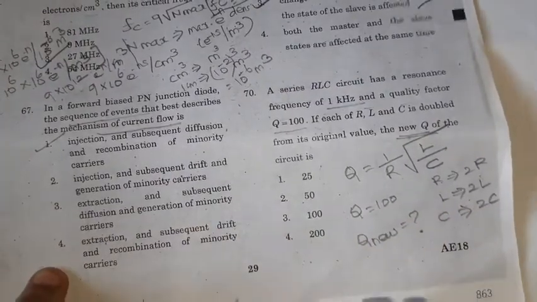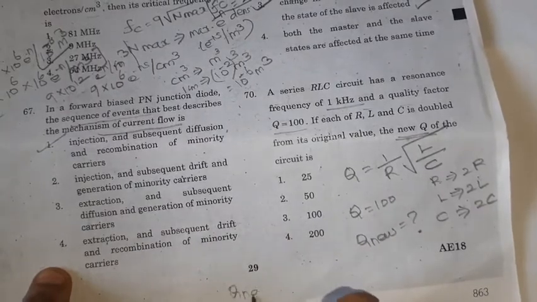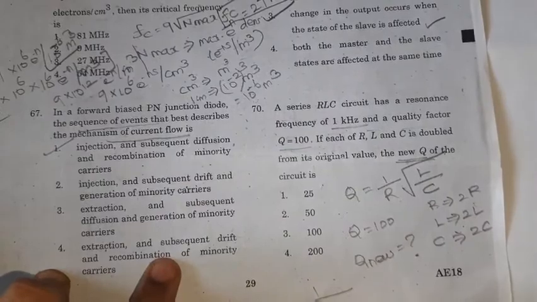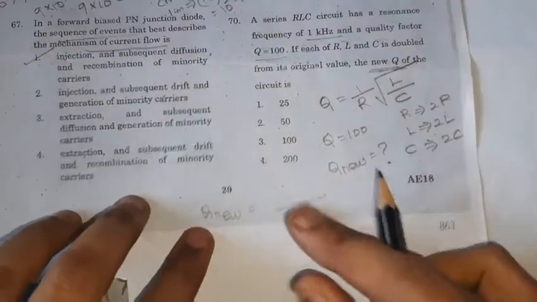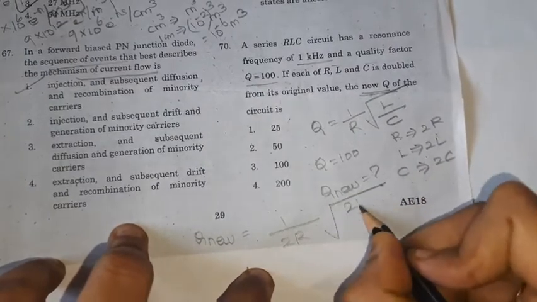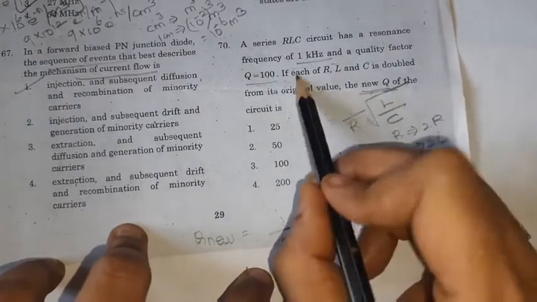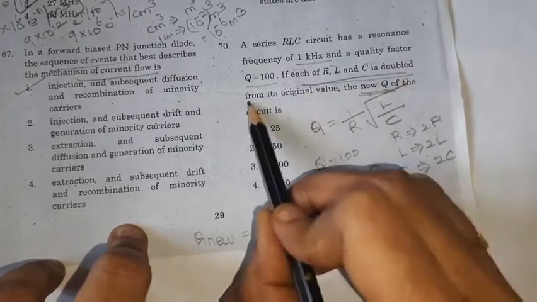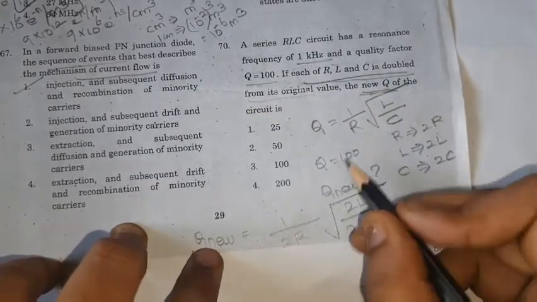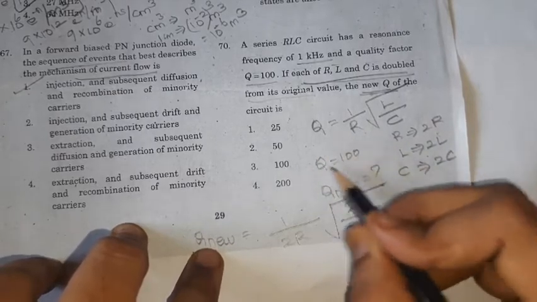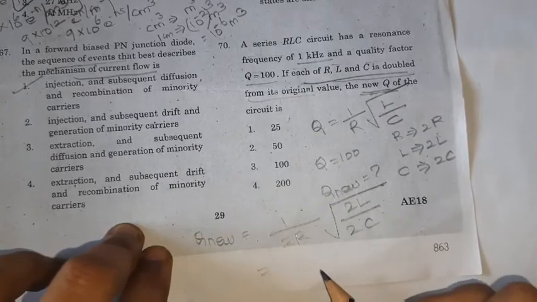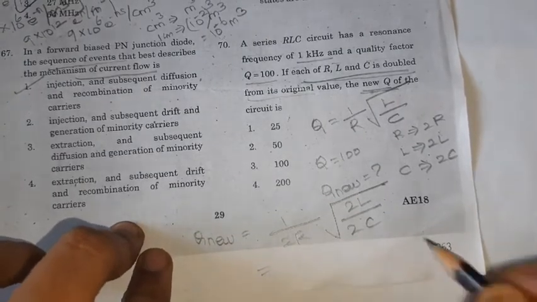Substitute in the formula: Q new is equal to 1 by 2R times the square root of 2L divided by 2C, because R, L, C are doubled. The old Q value is given as 100. We'll solve and find the new Q value.